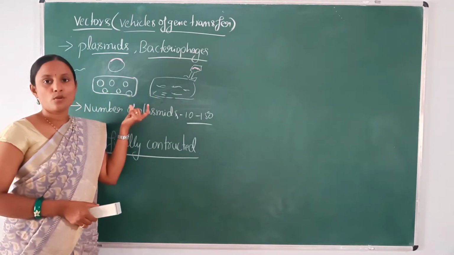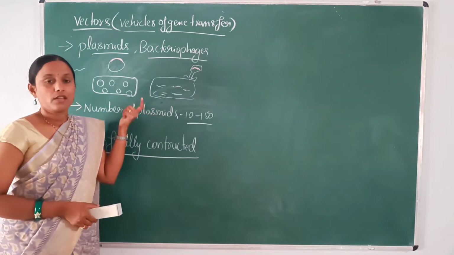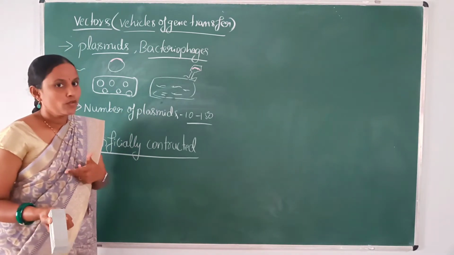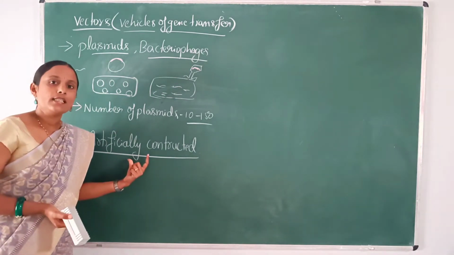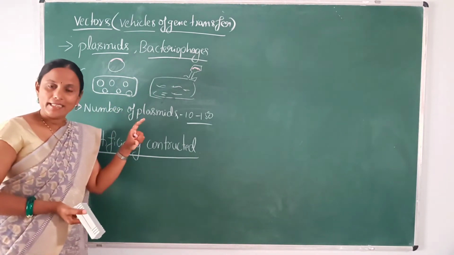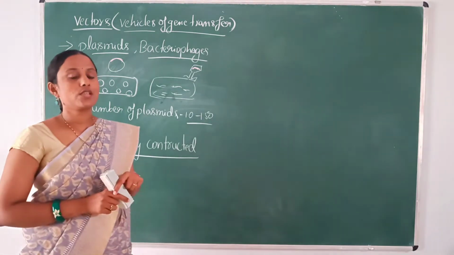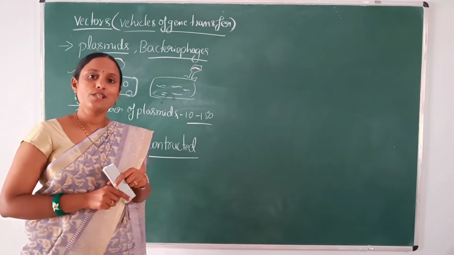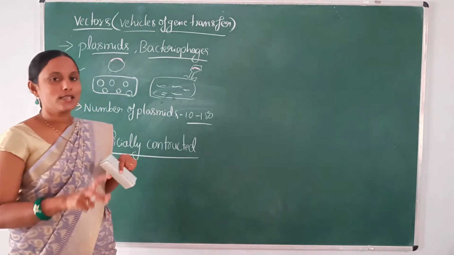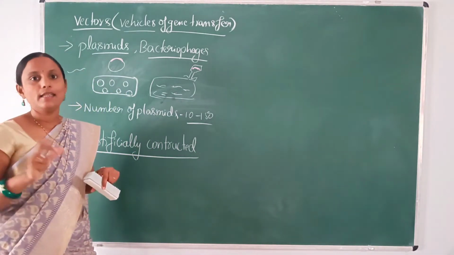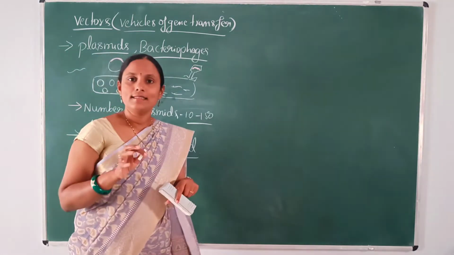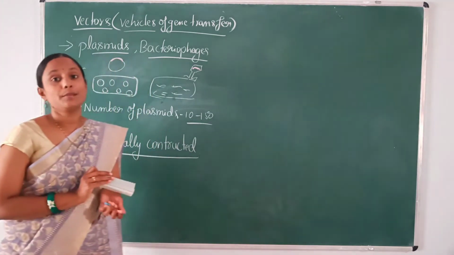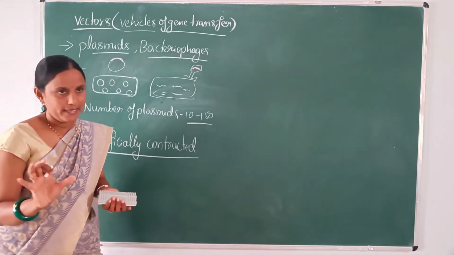Selection of recombinant is also one of the criteria. That is one of the things we should look at after transferring the gene. So by considering all of these, there are some criteria in order to use the DNA or the DNA molecules as a vector. So let us discuss them in detail. The criteria for considering or using the vectors. Which vector is suitable? It should fulfill some criteria.